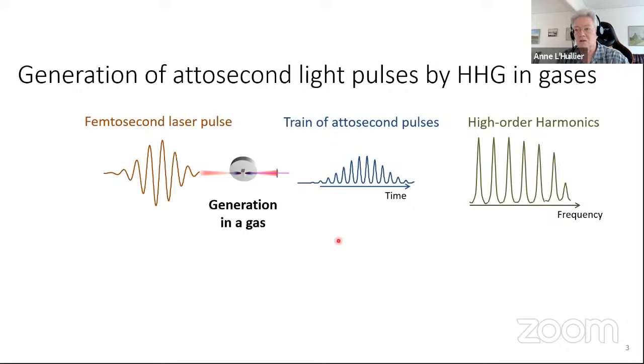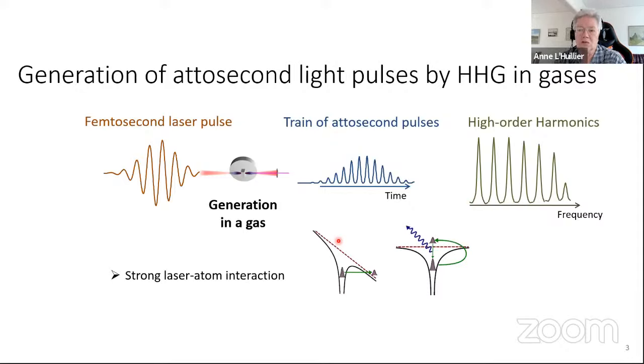This process needs first a strong laser atom interaction, which is described by the well-known three-step model, where electrons first tunnel through the potential barrier, which is lowered by the intense laser field, and then electrons are driven away, come back, and may recombine back to the ground state, emitting a short light pulse in the extreme ultraviolet range.